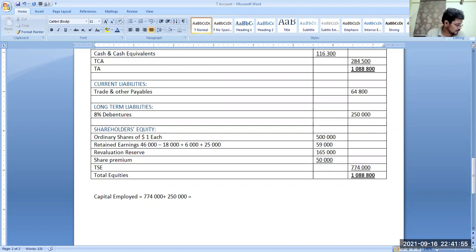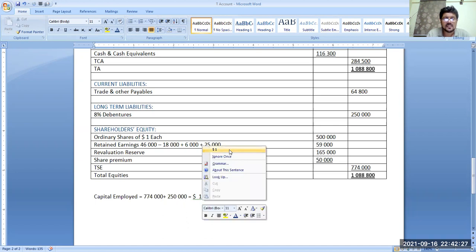So total is $774,000 plus $250,000, $1,024,000. This is your total capital employed at present. Before making any decision, this is your capital employed from these records. Done.